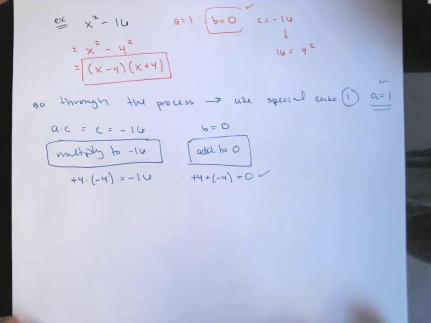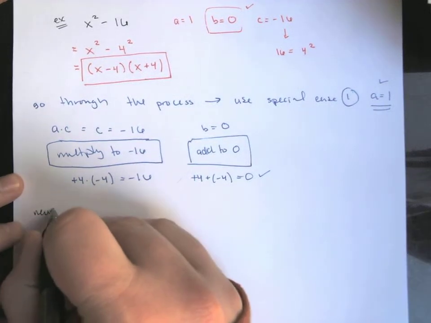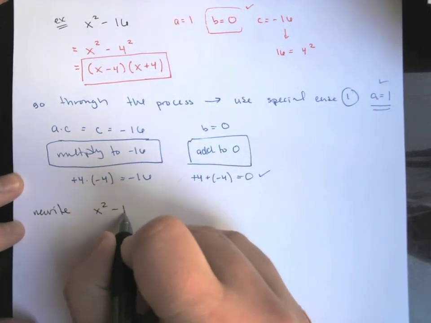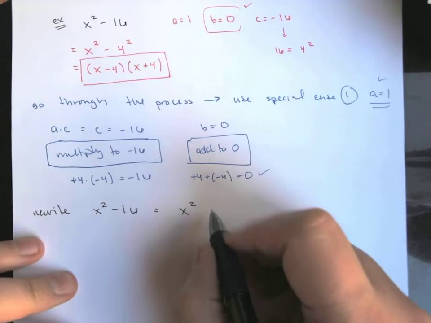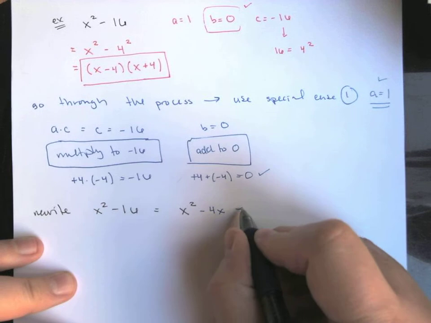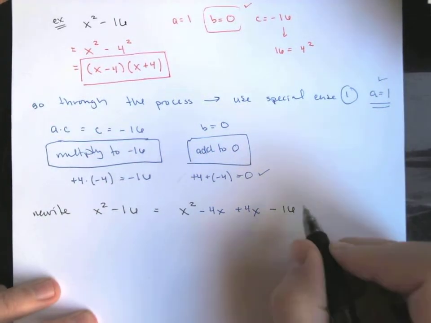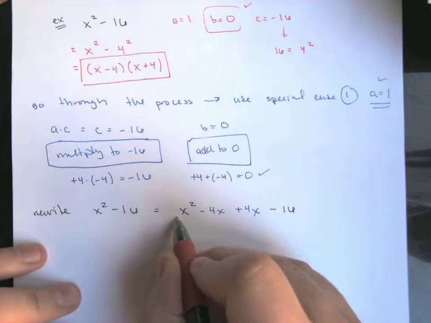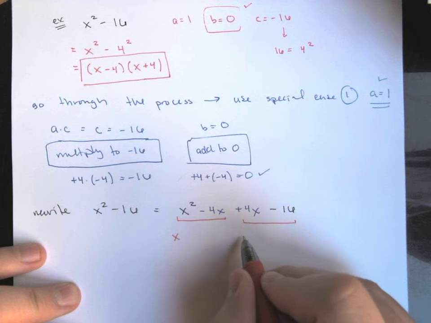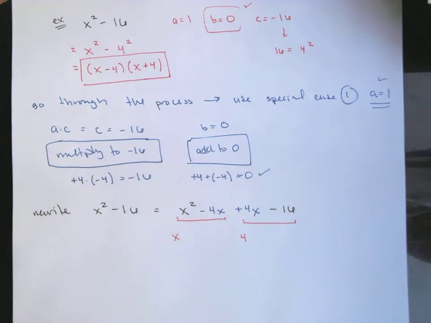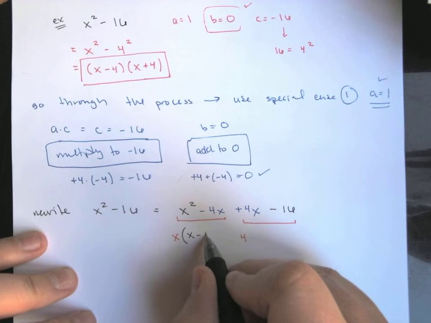So if I have that, in our rewrite, x squared minus 16, in some sense what's happening here is we're saying this is x squared, if we do the full, drawn out explosion kind of version, negative 4x plus 4x minus 16. If I go through the full steps and factor this down, x comes out, and 4 comes out. And so what's left over here is x minus 4.